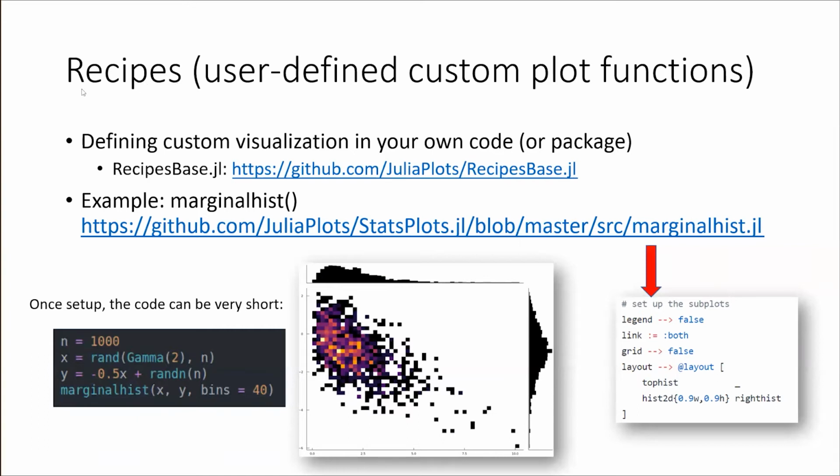Simply speaking, you can think of a recipe like a function that you write for yourself to make a certain kind of plot. For example, you always want a green color background. Instead of adding the color green to every single plot that you make, you can create your own new plot command that always uses green as the background. And you can do much more complex things than just setting a background color.